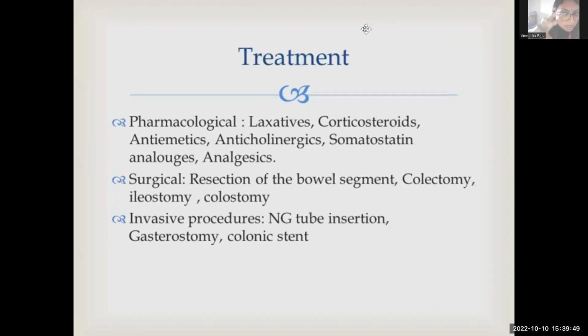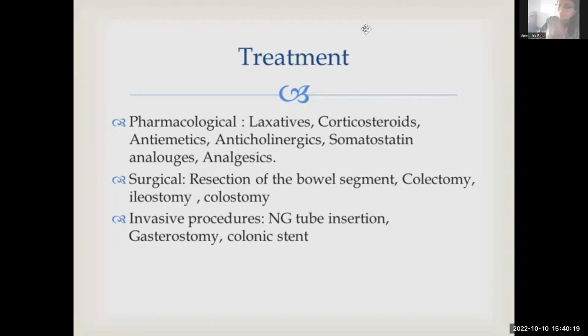When the edema around the tumor comes down, we get some space in the intestine. Thus, corticosteroids like dexamethasone can be given, and generally it can be given from 12 milligram to 24 milligram IV once a day, preferably somewhere before evening time, so that it doesn't interfere with sleep.